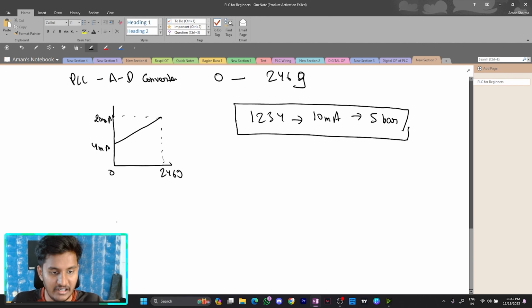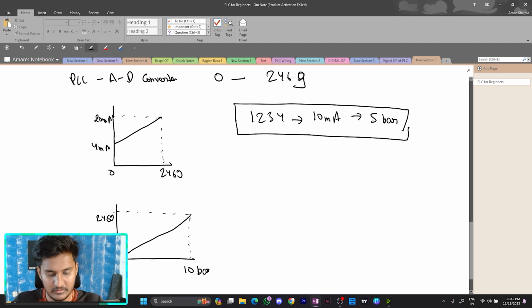At the end, the graph we will get will be 0 to 10 bar and 0 to 2469 units. This will be PLC values. I'll write PLC values also here.